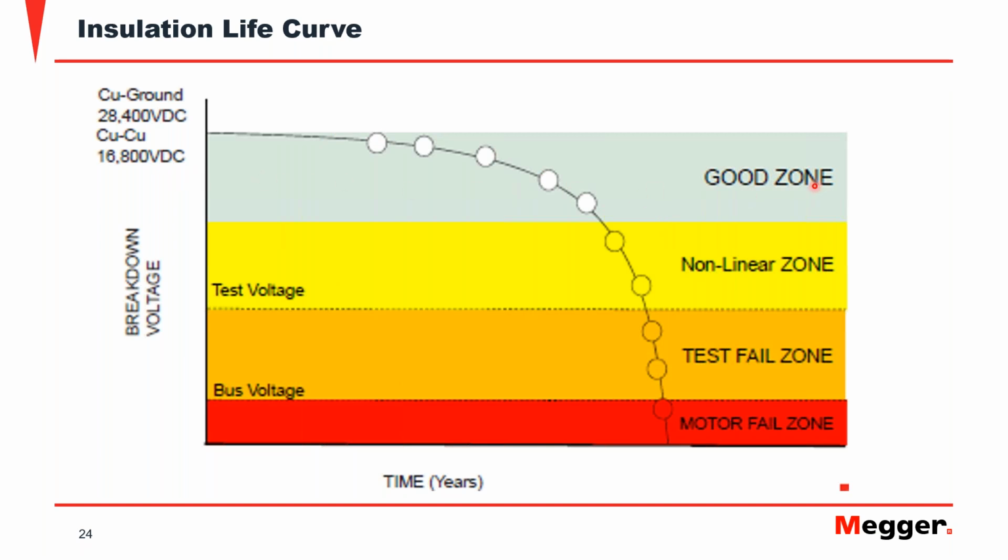Here we are in what we call the good zone, and over here is non-linear but still good. When you're testing and you're failing, which is here in this orange color, anything above the red here is the test fail zone. After you are in this test fail zone, you should not put your motor back into service. And this is what we are trying to find out with the tests that we are going to describe from now on.